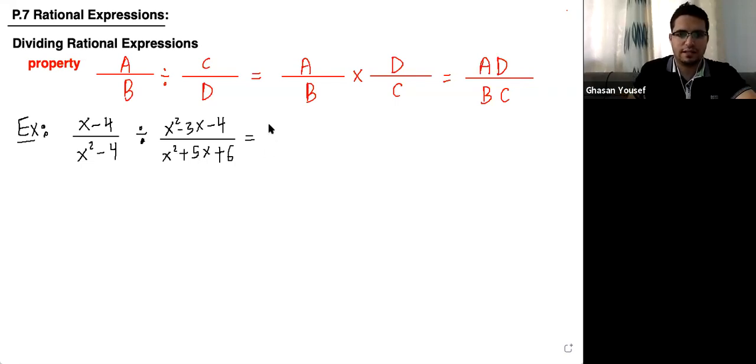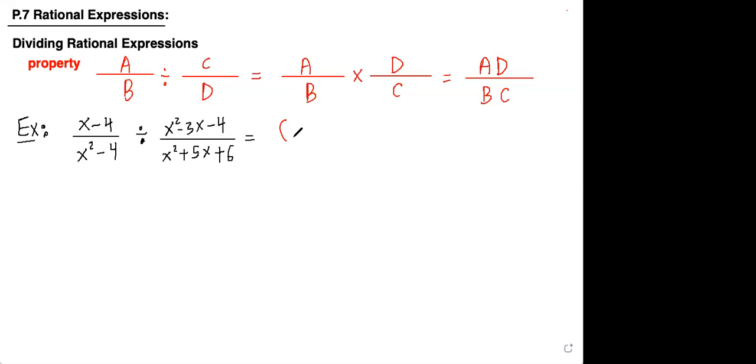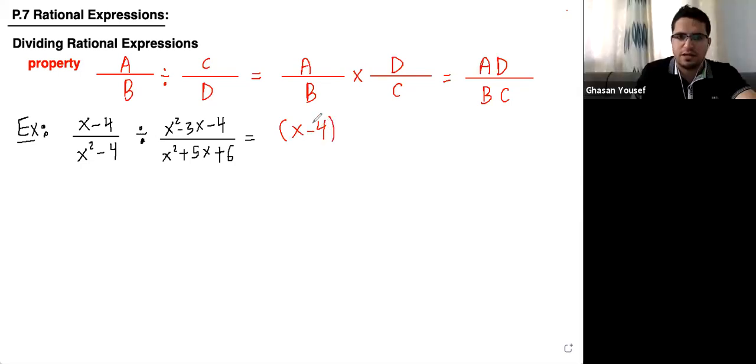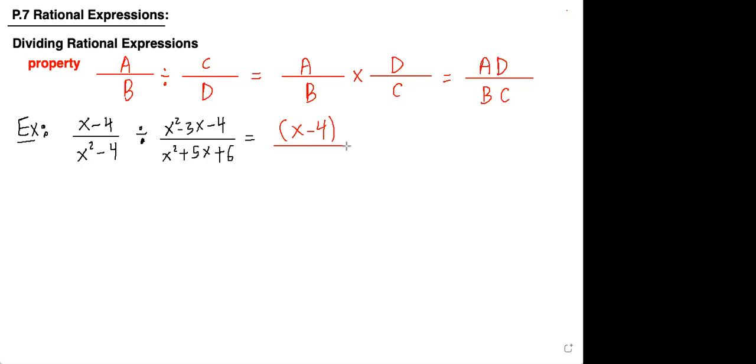So now, what is the factor for x minus 4? It's the same thing, x minus 4. And what is the factor for the denominator? x minus 2 times x plus 2, exactly.